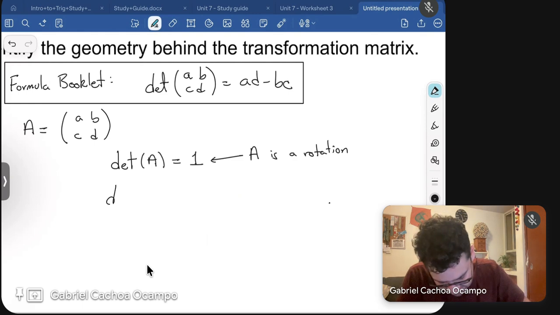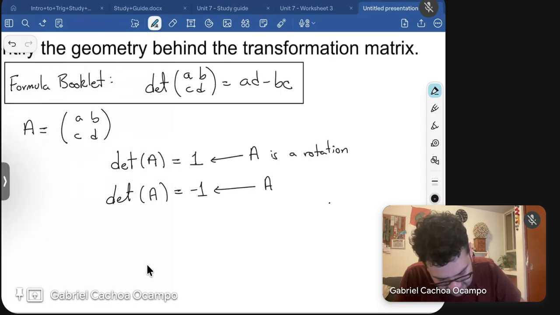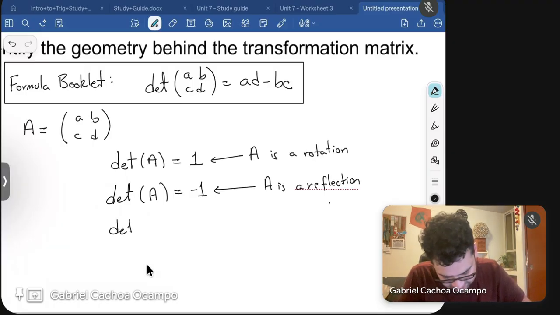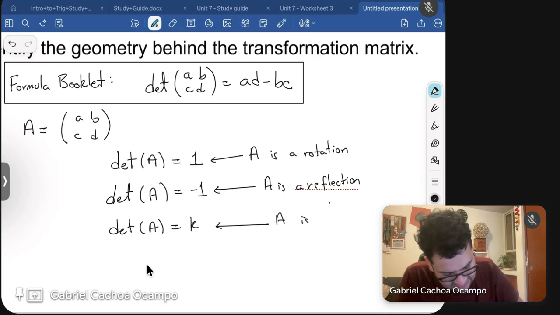If the determinant of A is -1, A is a reflection. And if we know that the determinant of A is a certain value k, then A is a dilation.